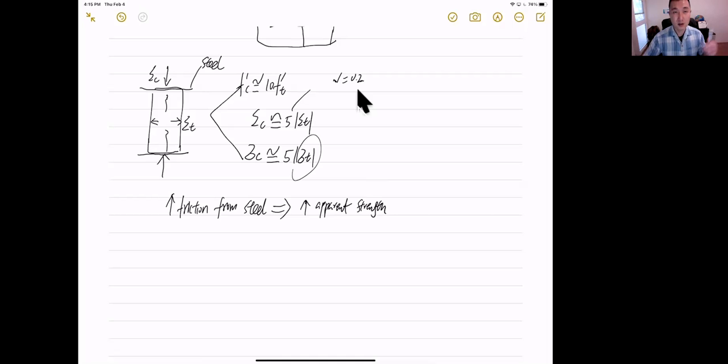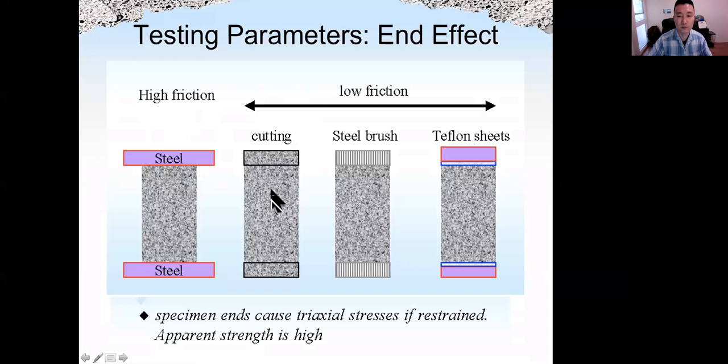Similarly, if we use Teflon or steel brush, the friction will be much lower compared with the steel plate. So concrete will crack early, so we have a lower apparent stress. Okay, any question about this?